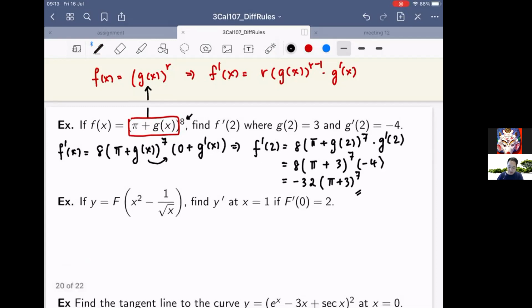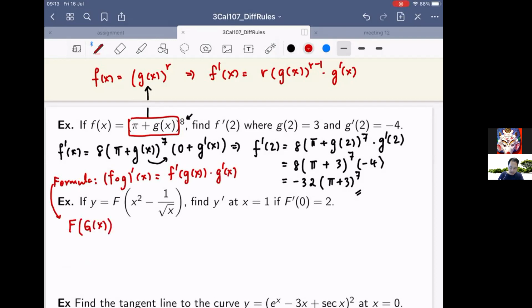This one as well. What we have in the formula for the chain rule is that if you have (f∘g) prime, it will be f prime of g(x) multiplied by g prime of x. However, for this one we can rewrite it a little bit into f of something, and then find the derivative.